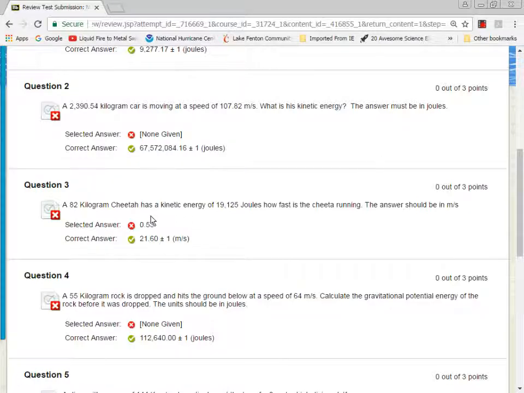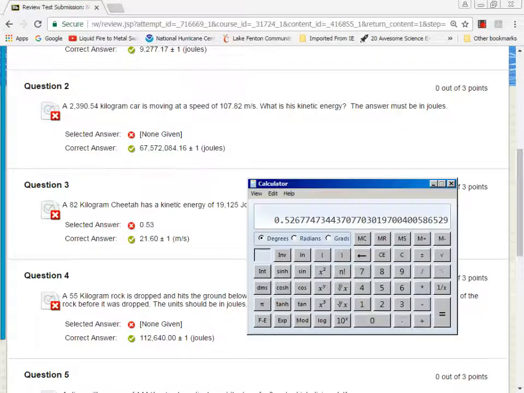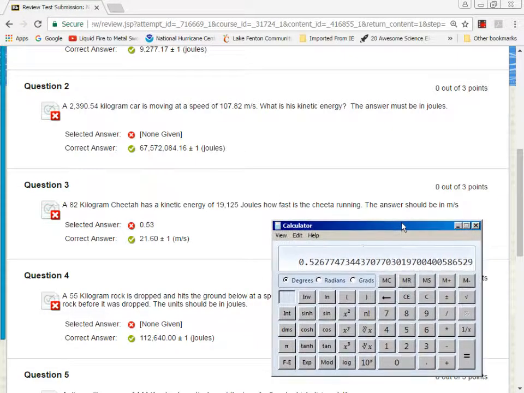Oh, no. See, it was right when I did it, because all I had to do was square root it. I didn't have to hit equals. So I got 19,125 divided by 0.5 times his mass, 82, then I square root it, and that's the correct answer.